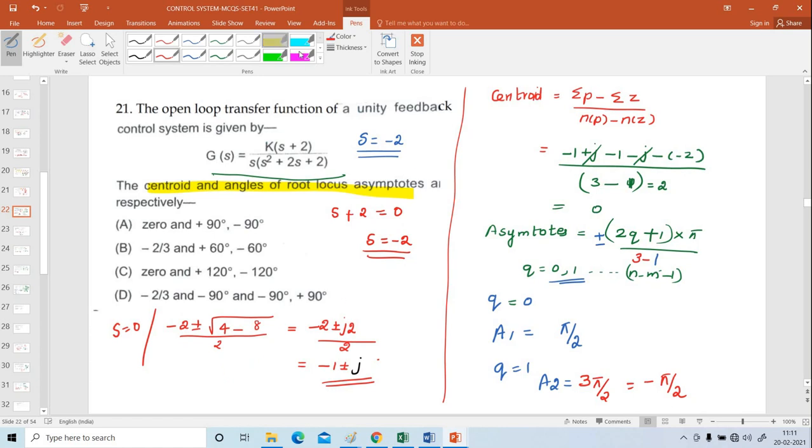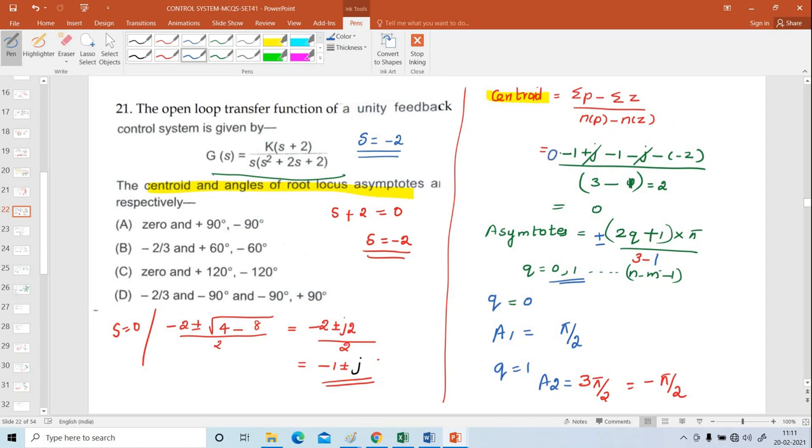Next I am going to explain how to find the centroid. Centroid is sum of poles minus sum of zeros divided by number of poles minus number of zeros. Here 3 poles are there.